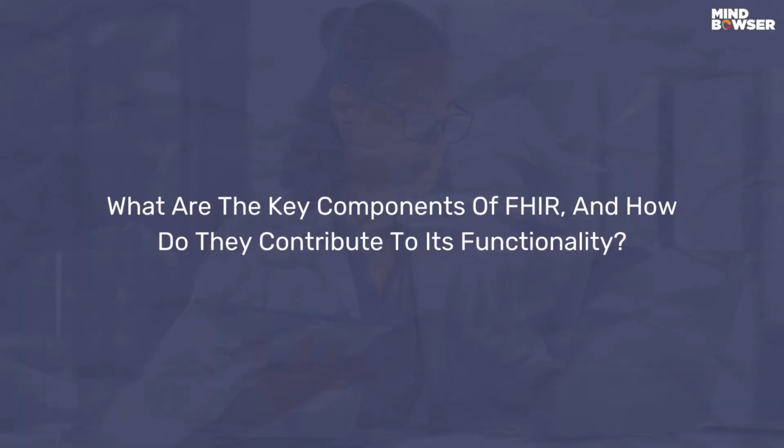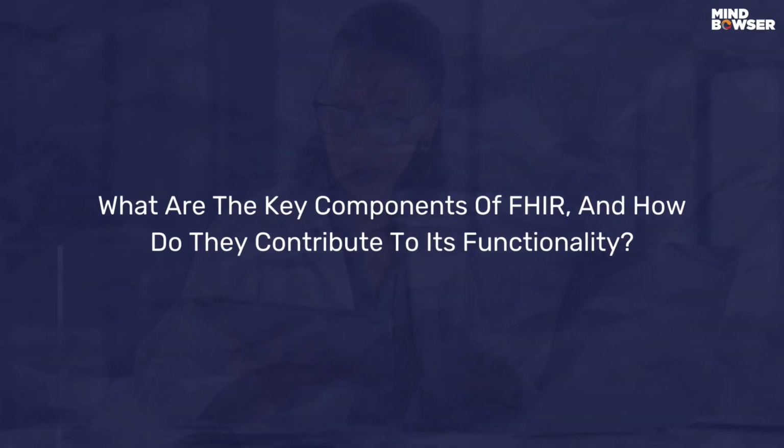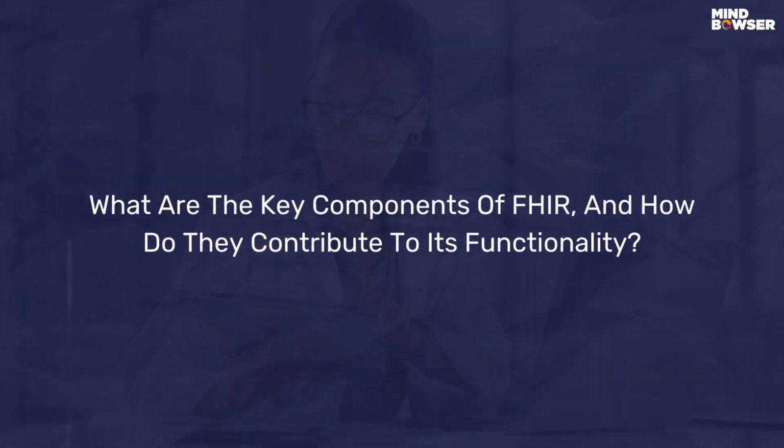This gives me a broad level understanding of what FHIR is. But as per your understanding and the experience you have in healthcare, what are the key components of FHIR and how do they contribute to its functionality? I would say the key component of FHIR is the resource itself. It's the building block of FHIR. Each resource, as I said, represents an entity of healthcare.